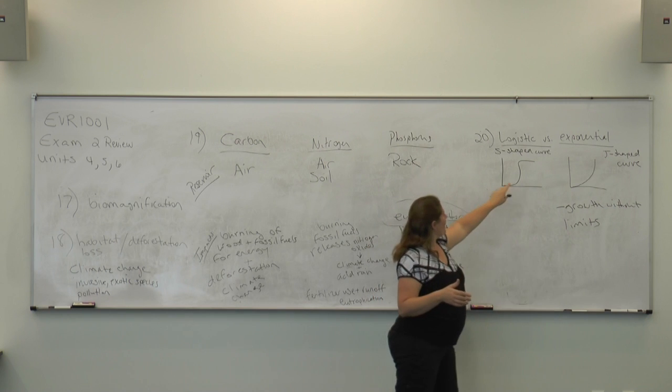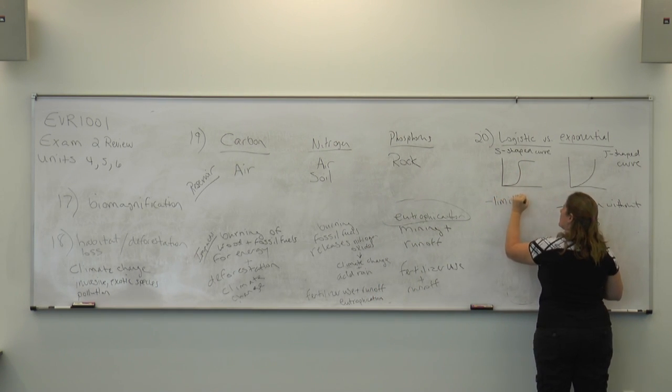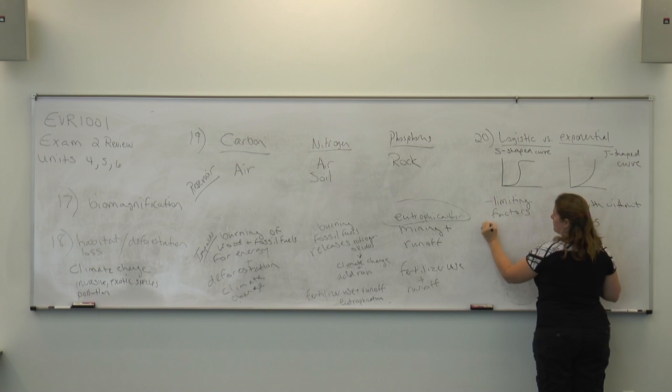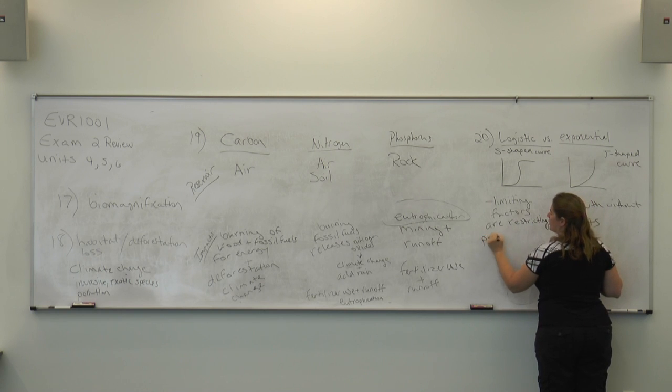There are limiting factors such as food, water, habitat space. Limiting factors are restricting population growth.